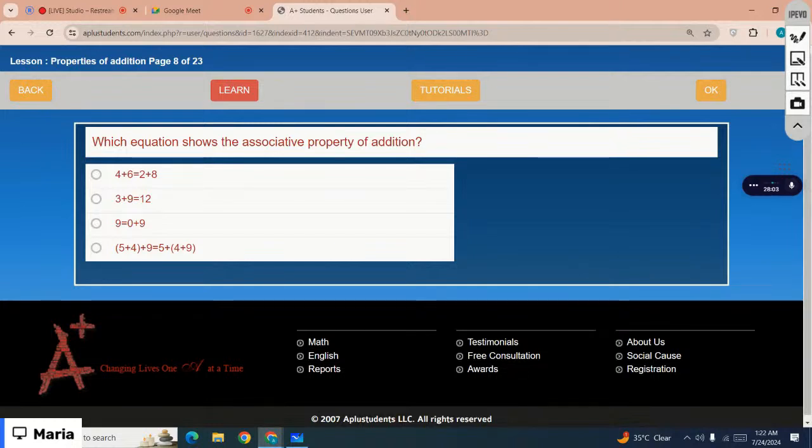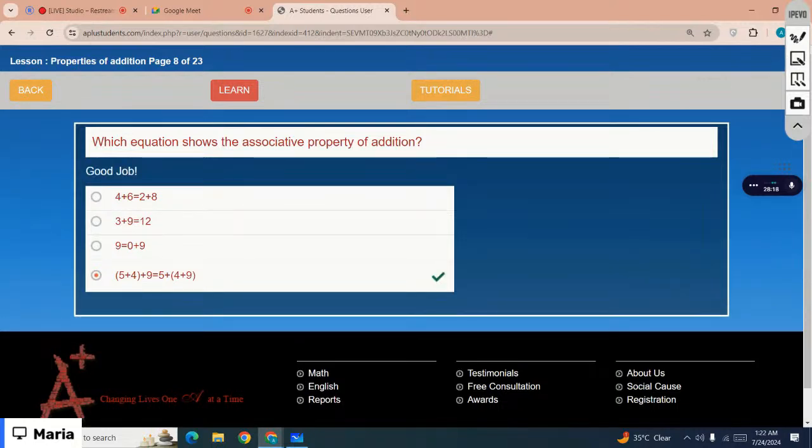Associative property means on both sides you have three numbers involved, right? Yes, that is option number four. Very good. The correct option is 4 plus 5 plus 4 plus 9 equals 5 plus 4 plus 9. Option number four.